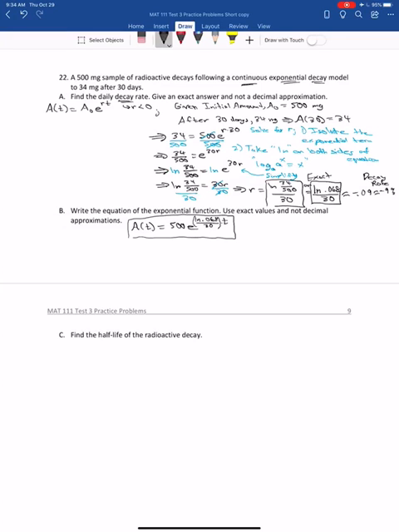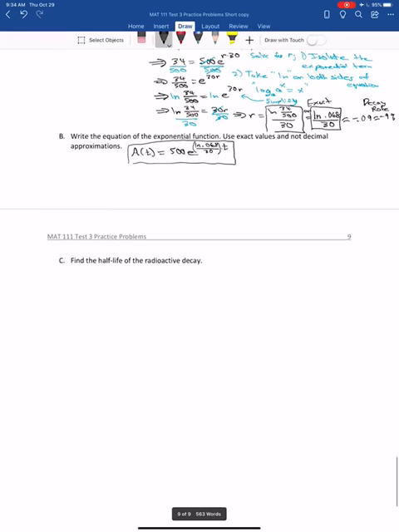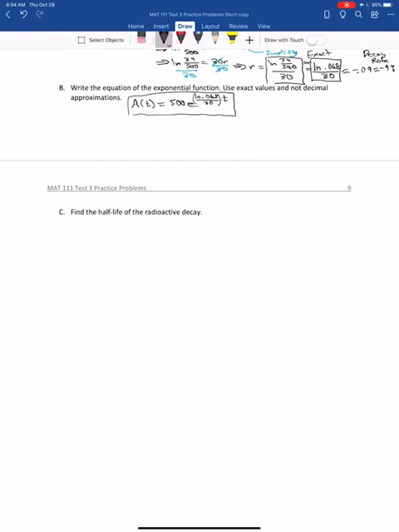Now I'm going to use that as I go into my last part, part C, and let's talk about half-life. So half-life asks us when our amount is equal to 1/2 of the initial amount, 1/2 of A sub 0. In this problem, we know that A sub 0, our initial amount, was 500. So we want to know when we get 250 milligrams of the radioactive substance. So that's our question.